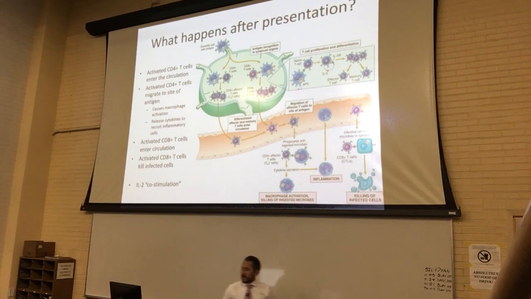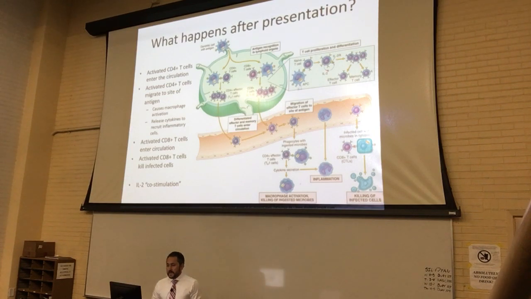Okay, this is just a list of what I said, same type of picture. The activated T cells enter the circulation, right? The T cells migrate to the site of the antigen. They cause macrophages to be activated. These release inflammatory cytokines that recruit new macrophages and even neutrophils to the site.